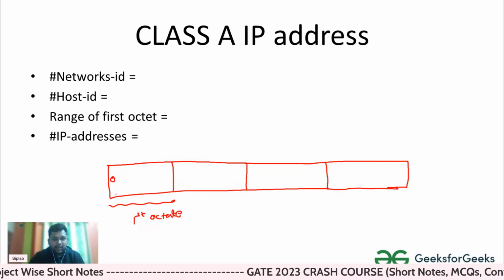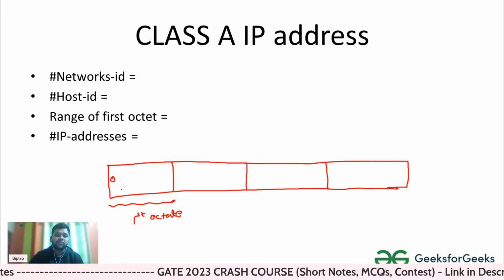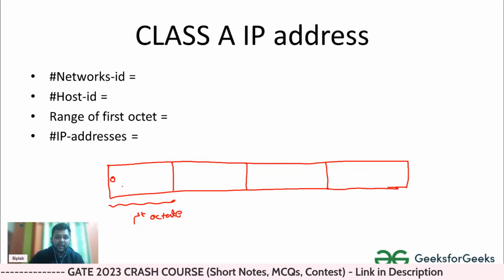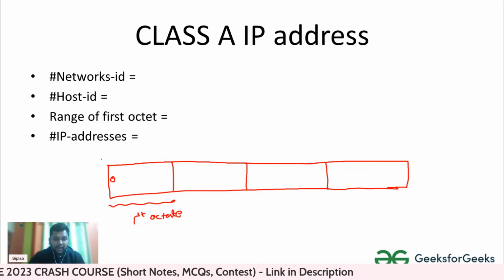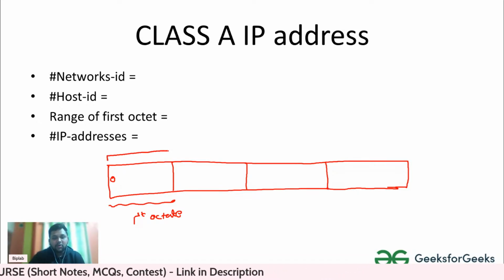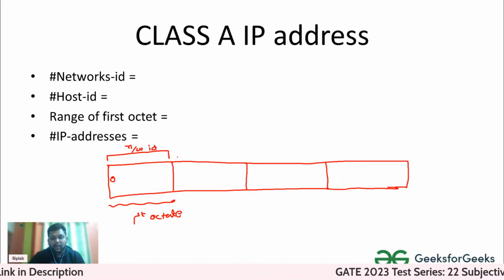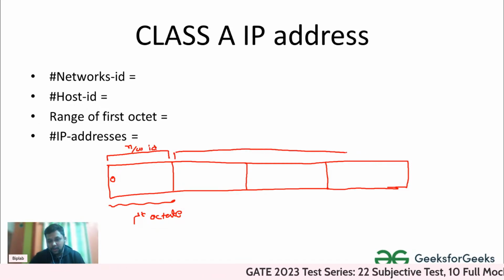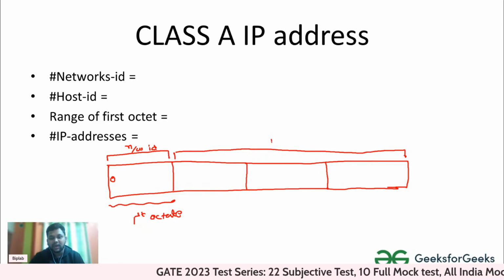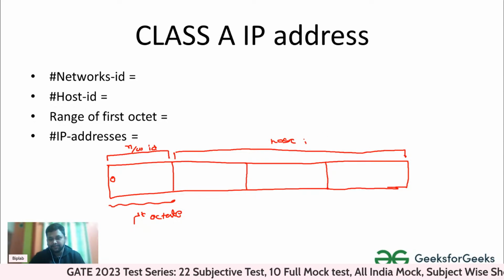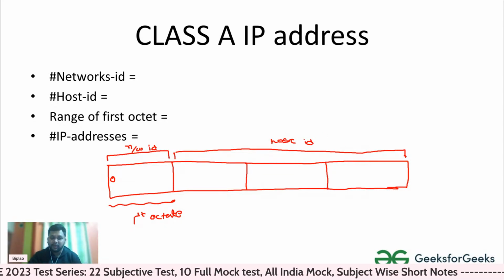Here your first bit should be 0 in class A IP addressing, that is fixed. And in class A we use the first octet as network ID, and the rest three octets are used as host ID.